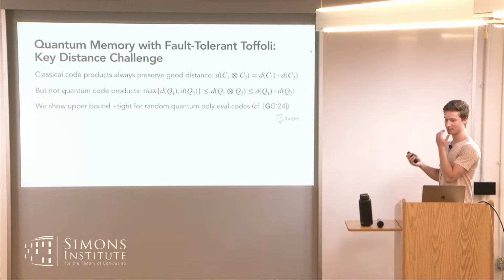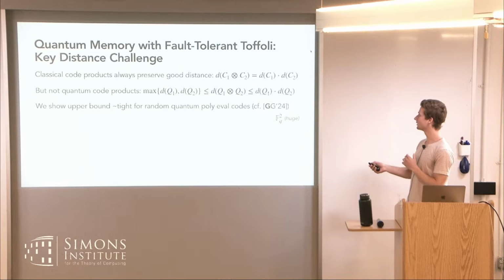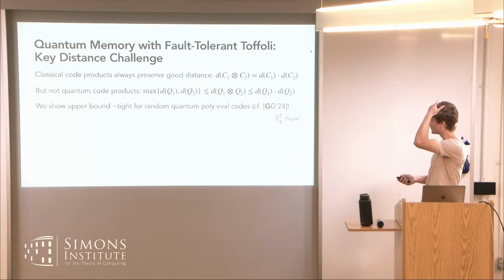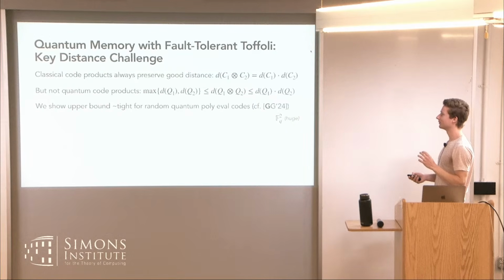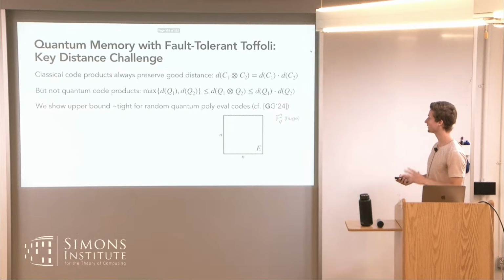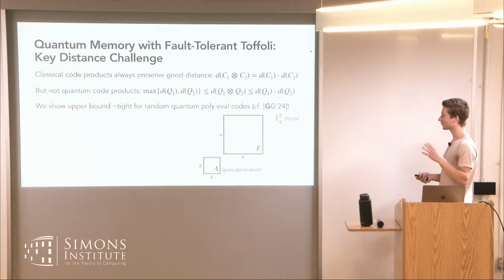Right, and so what's the key thing? How do we prove this distance upper bound? I'm running out of time, so I won't show exactly what the whole problem setup is. I'll just give you the answer, the core statement that we need.